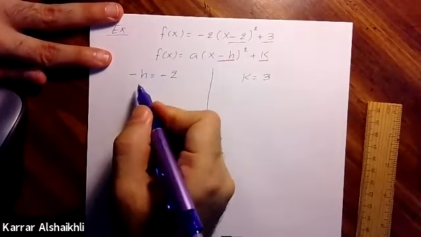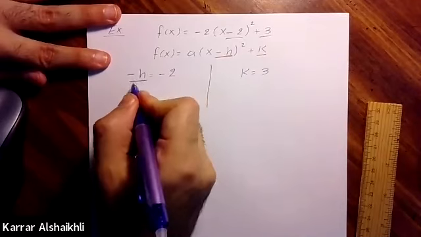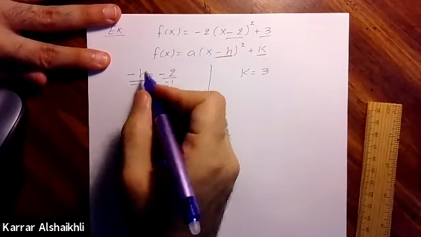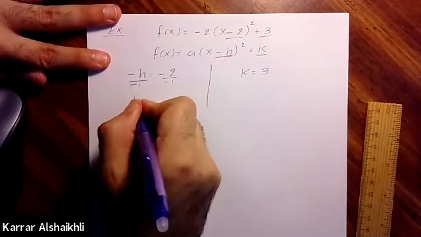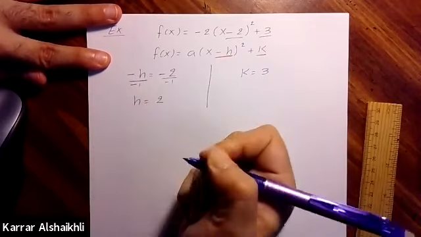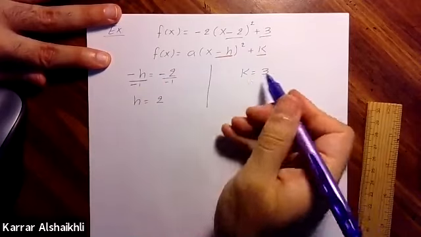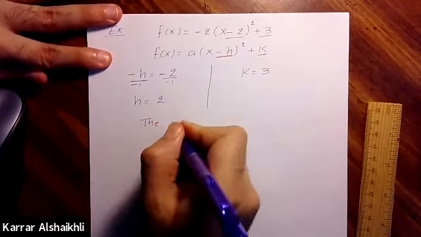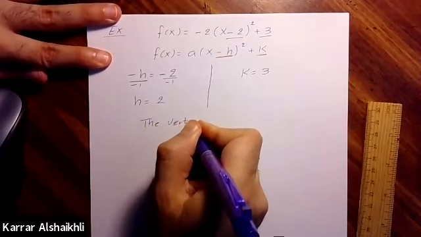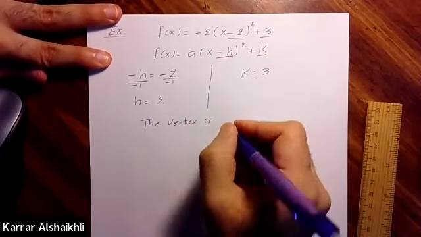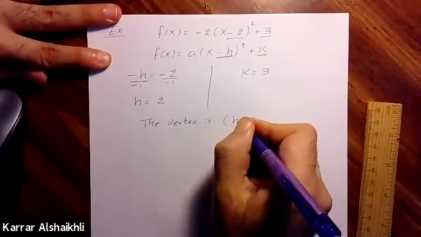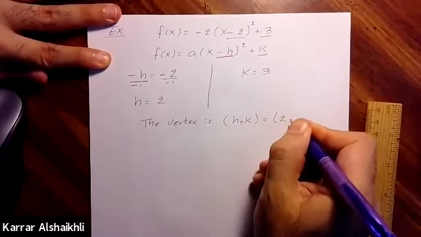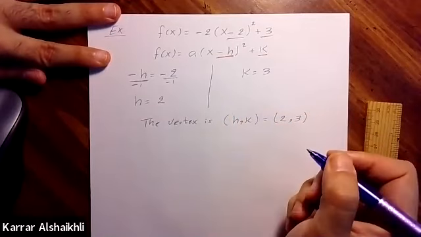Now on this side we need to find the h, so I'm going to divide both sides by -1, so I can cancel the negative sign from the left side. The leftover is going to be h equal 2. And here k equal 3. That means the vertex is h and k, which is equal, the h is 2 and the k is 3.